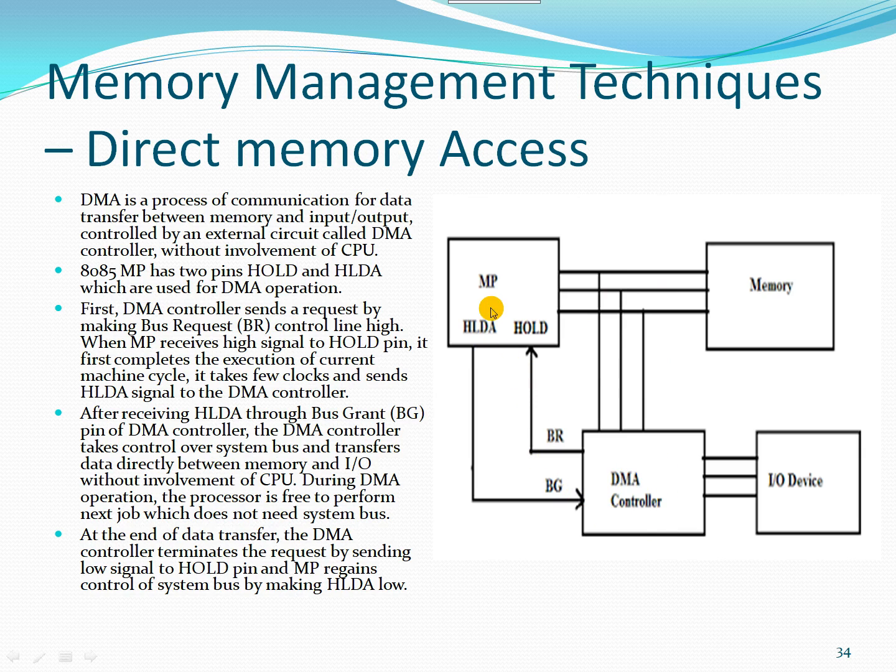Upon getting the hold acknowledgement signal on the bus grant signal, the DMA controller takes control of the address and data bus. The DMA controller gives the address, the memory gives the data, so data transfer takes place from the memory to the DMA controller to the input output devices.